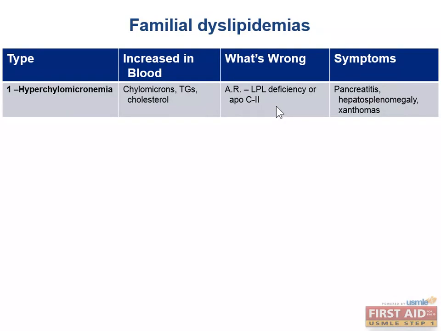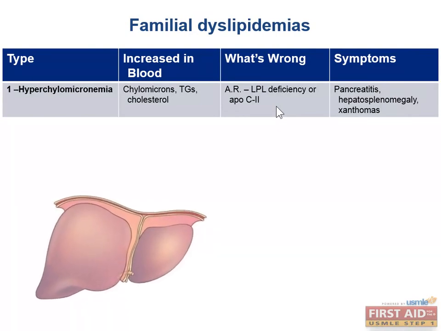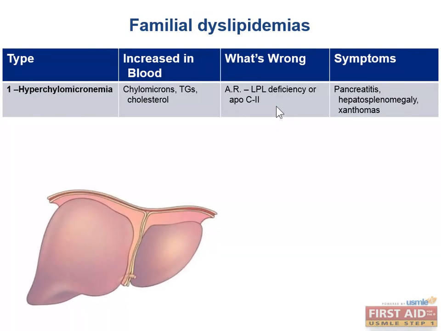How can hyperchylomicronemia present clinically? Well, it can result in pancreatitis or hepatosplenomegaly and eruptive or pruritic xanthomas.